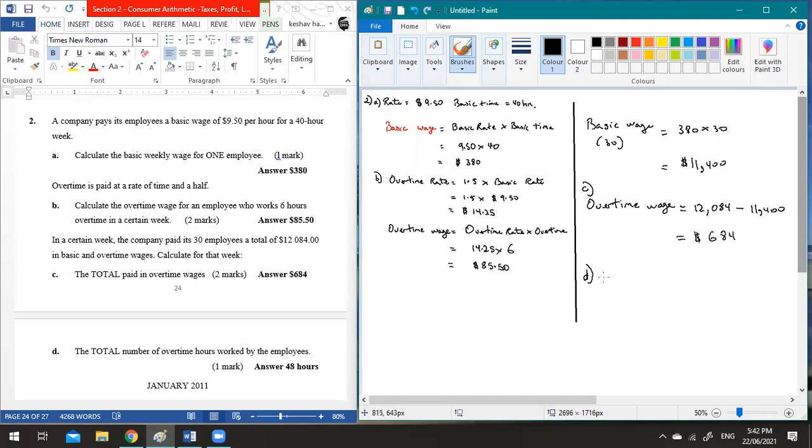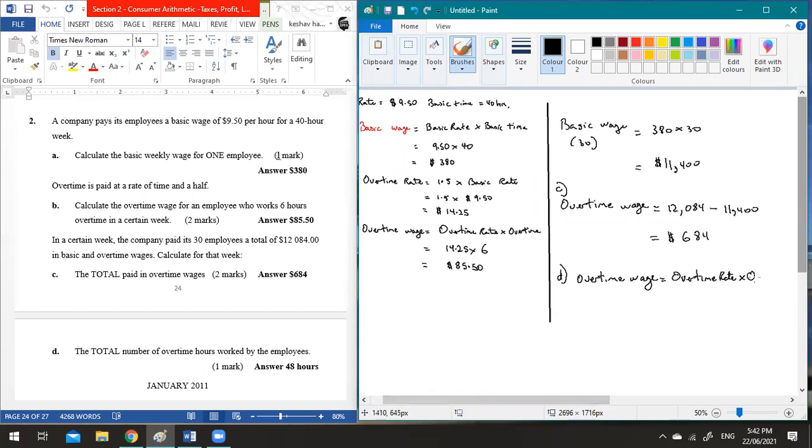Now the total number of overtime hours. Right? Now remember, overtime wage is equal to the overtime rate by the overtime, right? Now we know the overtime wage is $684.